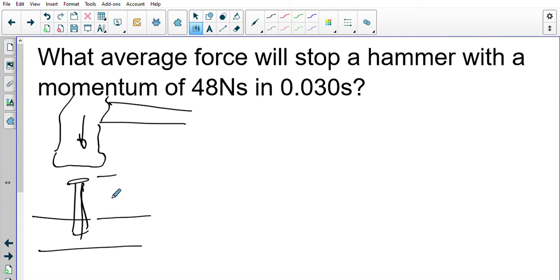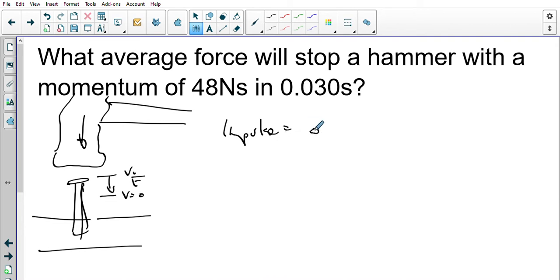The hammer pounds the nail in, and that uses some force to pound it in. So here we have a V naught, and we have a V final, which would be equal to 0. We have a distance, a change in momentum, and a force acting on this.